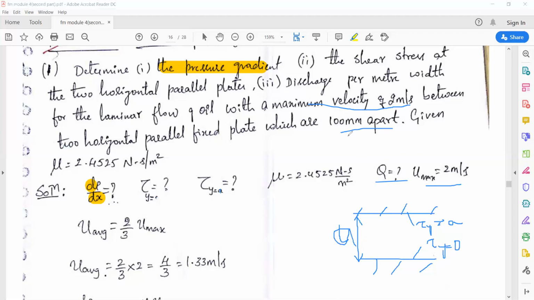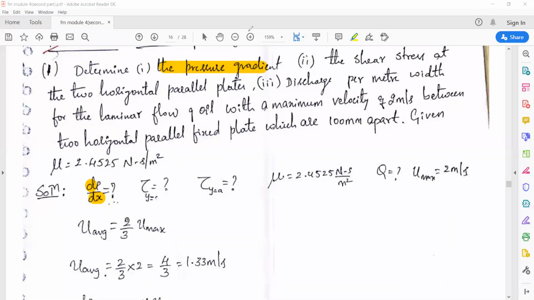They have also given the value of mu, the dynamic viscosity, equal to 2.4525 Newton second per meter square. By making use of all this, you need to calculate the value of dp by dx, tau at y is equal to 0, tau at y is equal to a, and also Q.